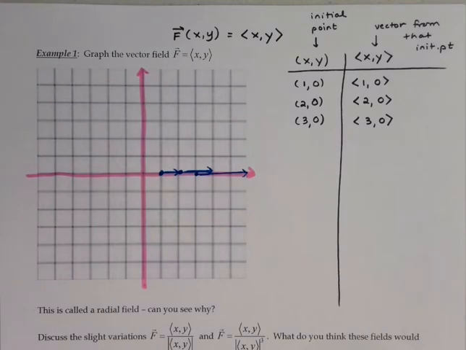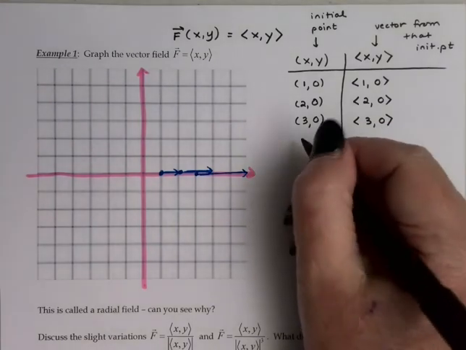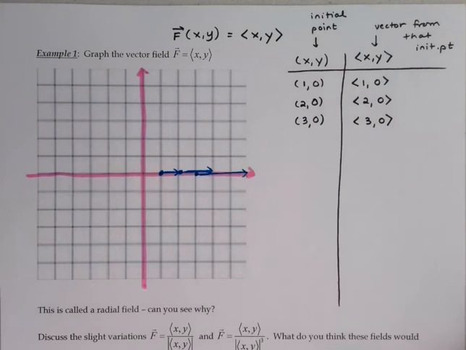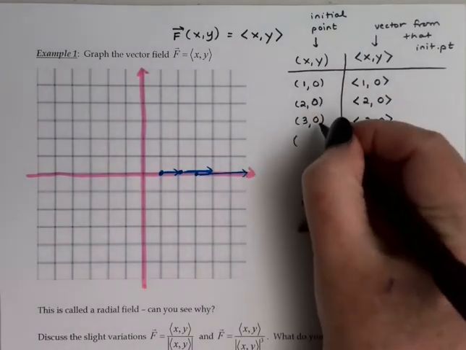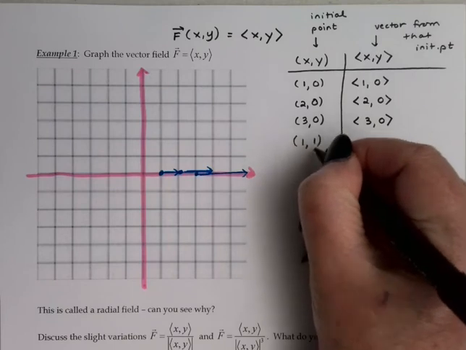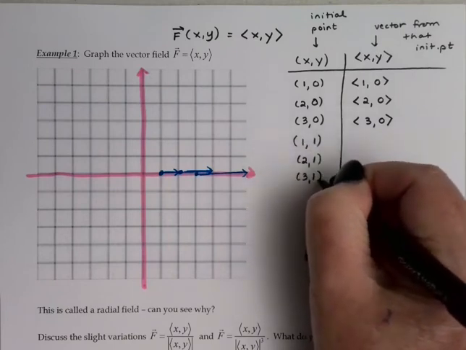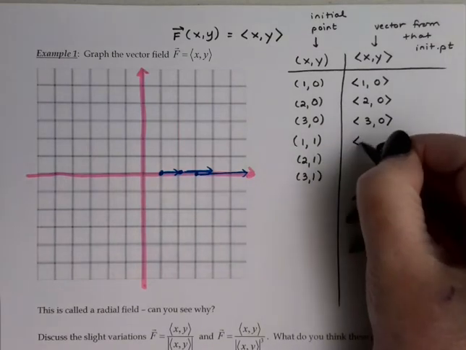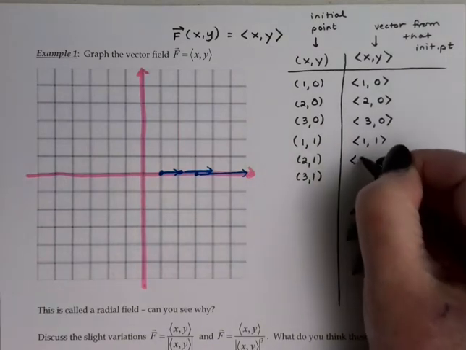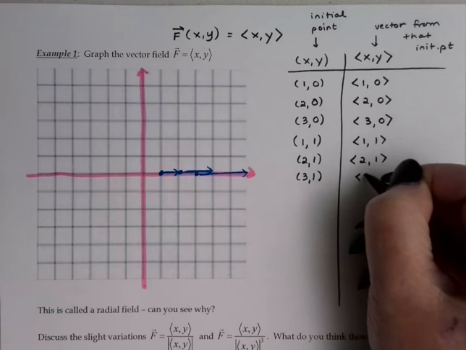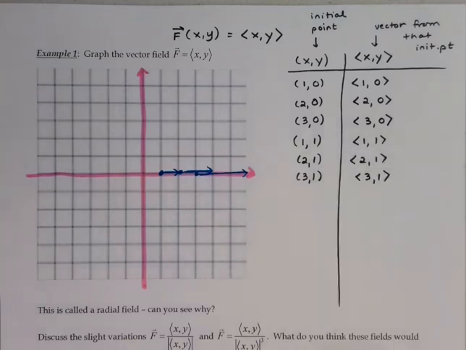All right, we're going to do a few more. This time, I'm going to do the same 3 x inputs, but let's do 1 as the y value every time. In each case, our function turns the point into a vector. We're going to draw it.